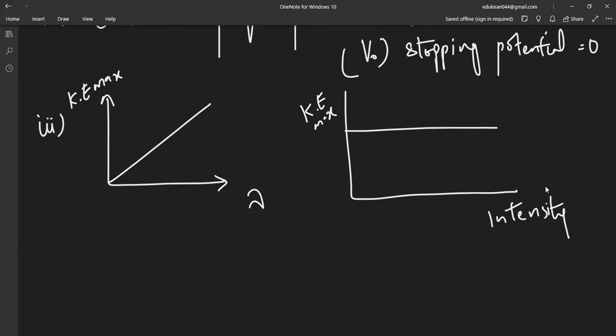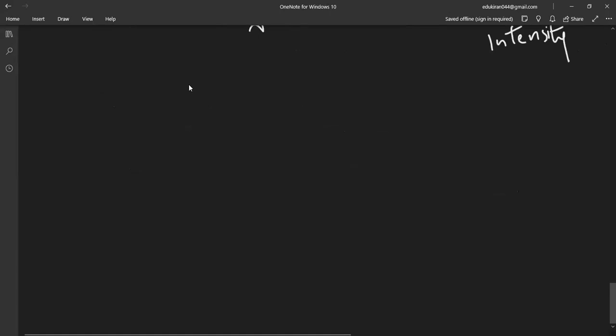All right. So these were all the possible conclusions which we had seen. It is independent of the intensity and directly proportional to frequency. So out of all of these, the laws of photoelectric effect were stated.